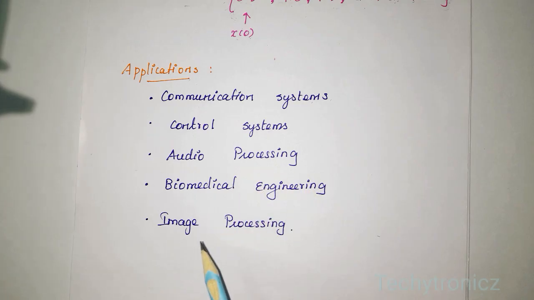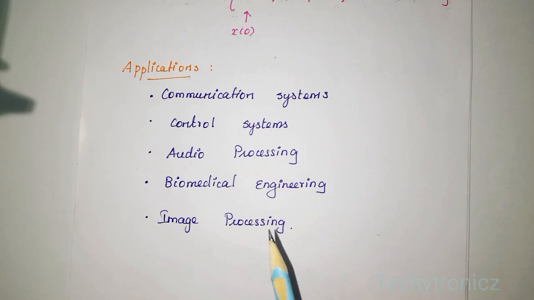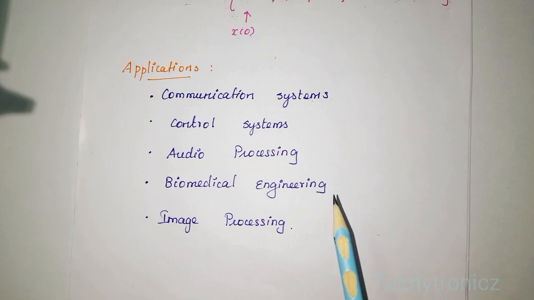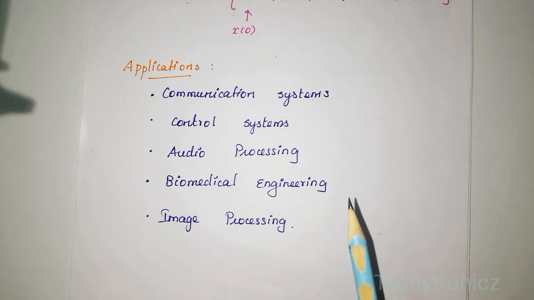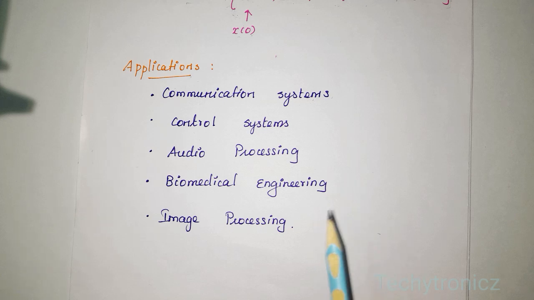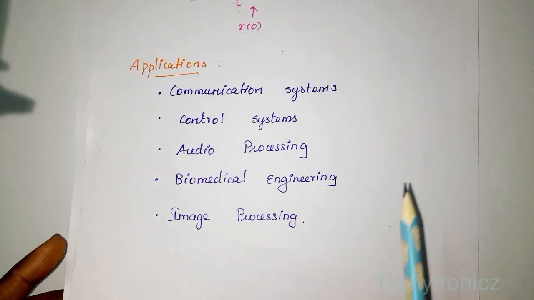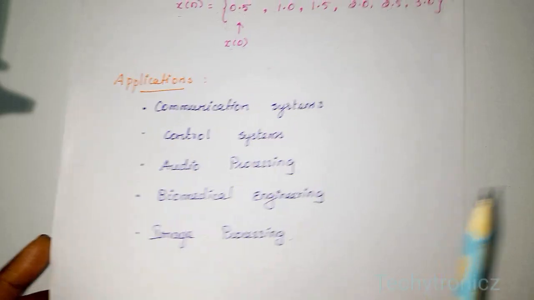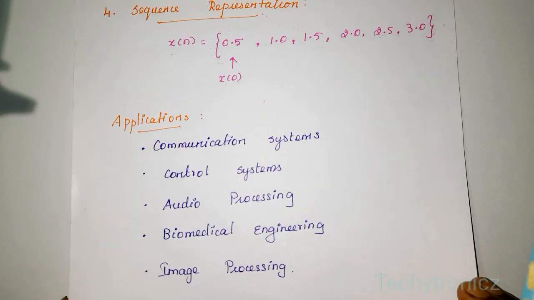In image processing, signals in the form of pixel values are processed to enhance quality, detect edges, or analyze medical scans like MRI and X-ray images. So these are the applications of signals. In many places we use signals to represent information.